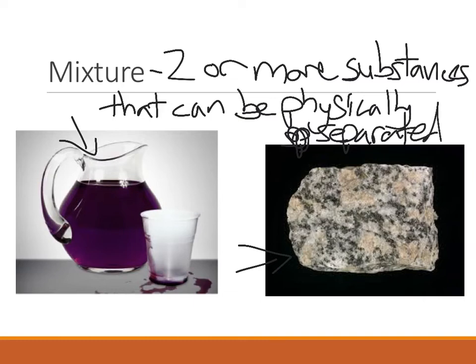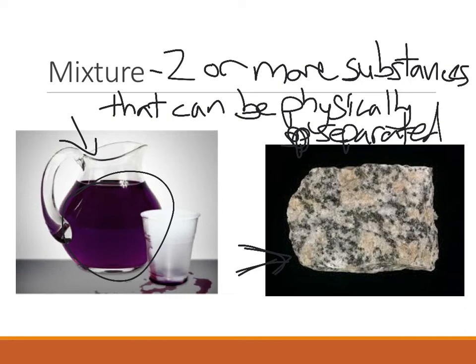For example, with this Kool-Aid, all I would need to do is evaporate off the water, and I'd be left with sugar and food coloring. This mineral, this rock here, I just have to crush it up into small pieces and then separate the minerals from one another. So those are both mixtures, different from a compound.